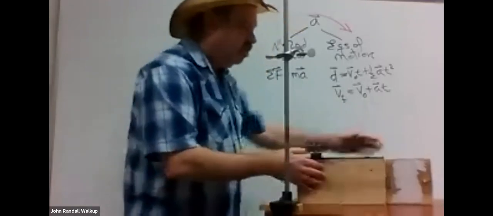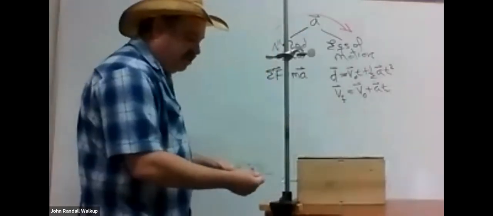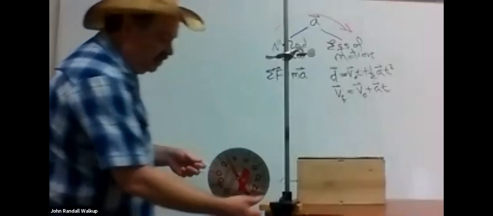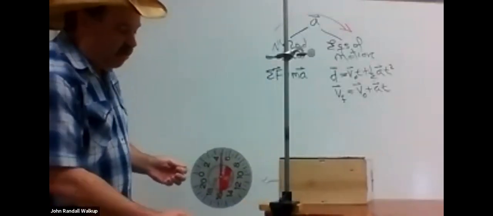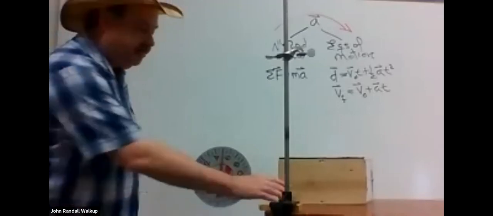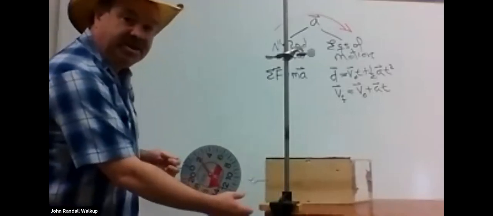Let's do this one more time. See what this maximum force is. Okay, so I pull 4, 6, oh, about 6, isn't it? I get about 6, it starts to accelerate.